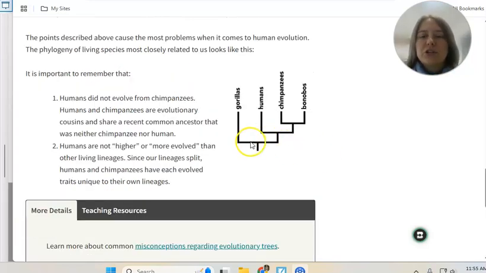So here is an evolutionary tree with great apes and humans on it. And some misconceptions are to say that humans evolved from chimpanzees, and as we know, that's not true. There was a common ancestor, and they at one point could no longer interbreed, and then after 6 million years we have modern humans, and after 6 million years we have modern chimpanzees. It doesn't necessarily mean that humans are more evolved than gorillas or chimpanzees.